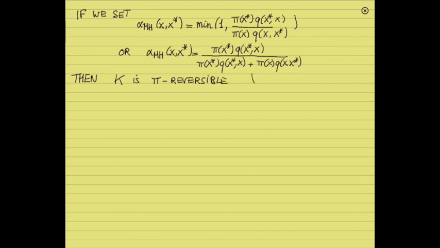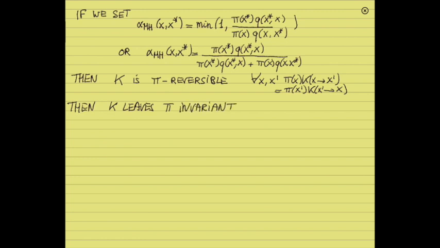So there are multiple choices leading to the kernel K being pi reversible. You can check that indeed those choices lead to pi reversibility. And then pi reversibility, as we've seen before, implies pi invariance. So implies that pi is a fixed point for the evolution of the chain, the recursion that corresponds to the Markov chain.